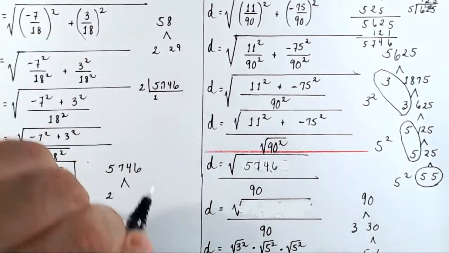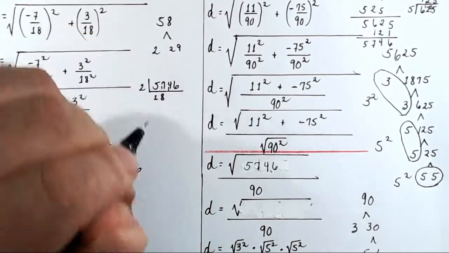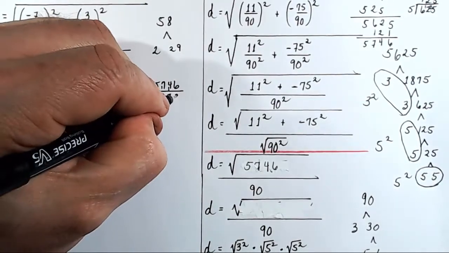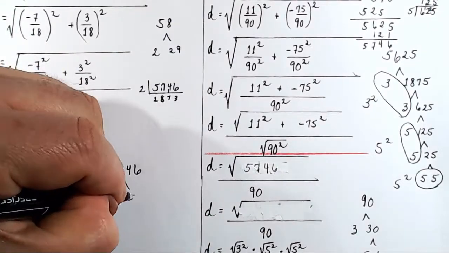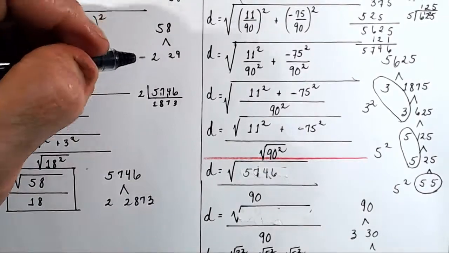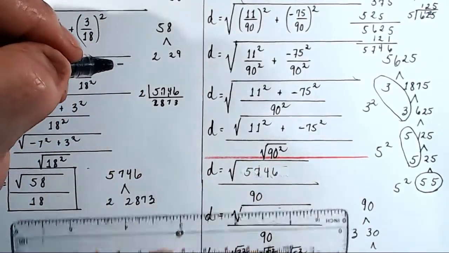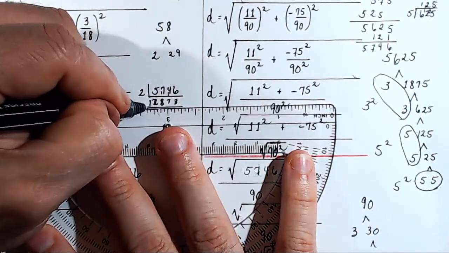Carry the 1. 2 goes into 17 8 times. Carry the 1. 2 goes into 14 7 times. 2 goes into 6 3 times. All right, so that was 2873. All right, and then the process is you just put another division bar here and keep dividing.